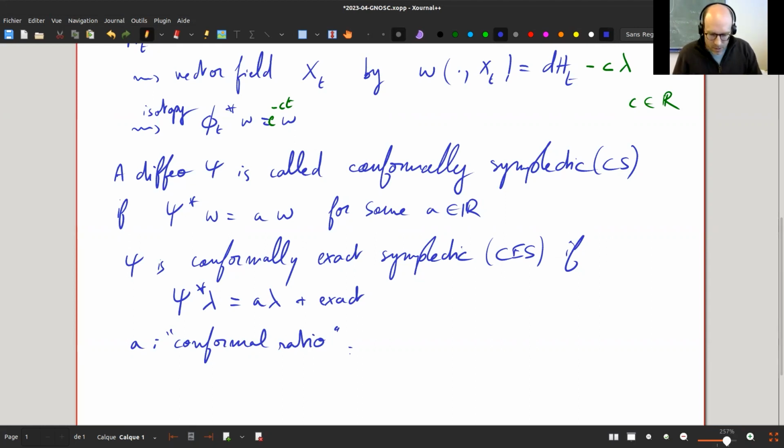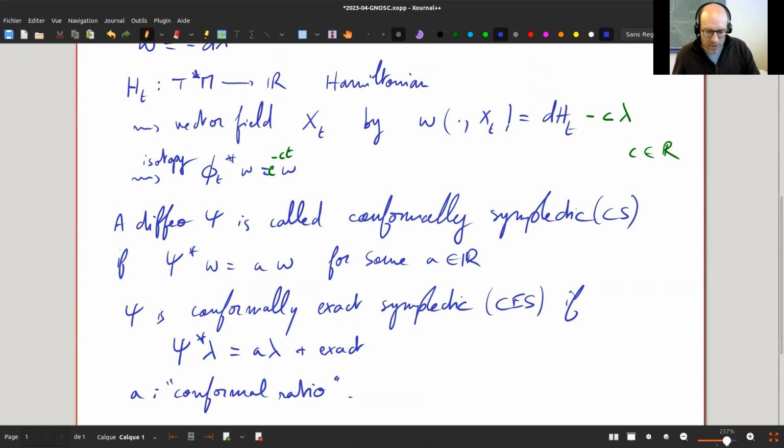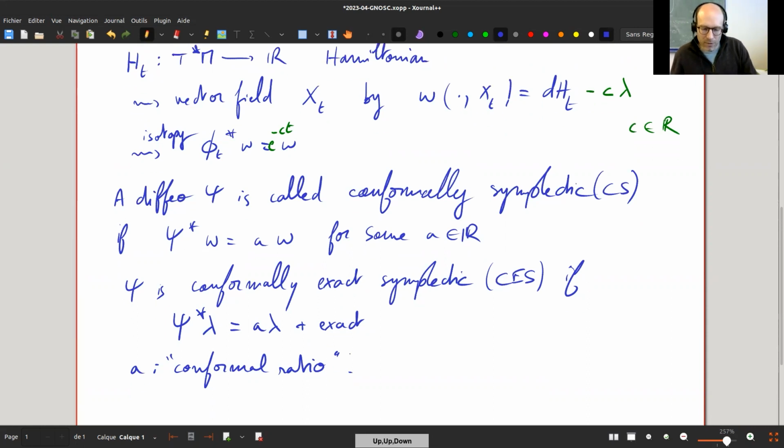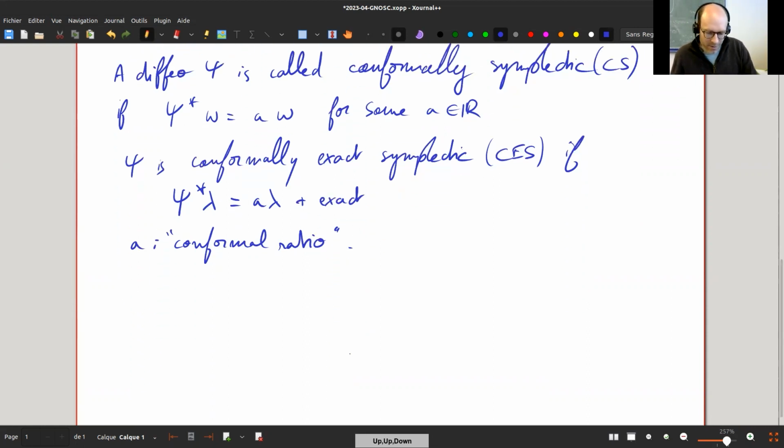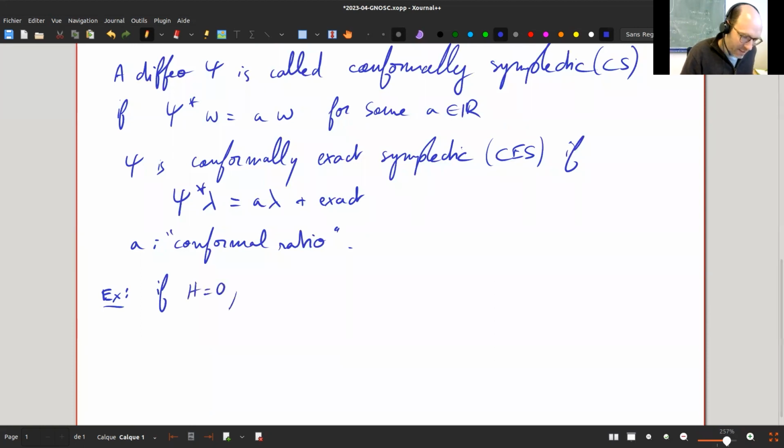I said the basic examples are the Hamiltonians with friction, and maybe the most basic example is when the Hamiltonian is 0. If H equals 0, then the vector field we get is radial in the fibers.